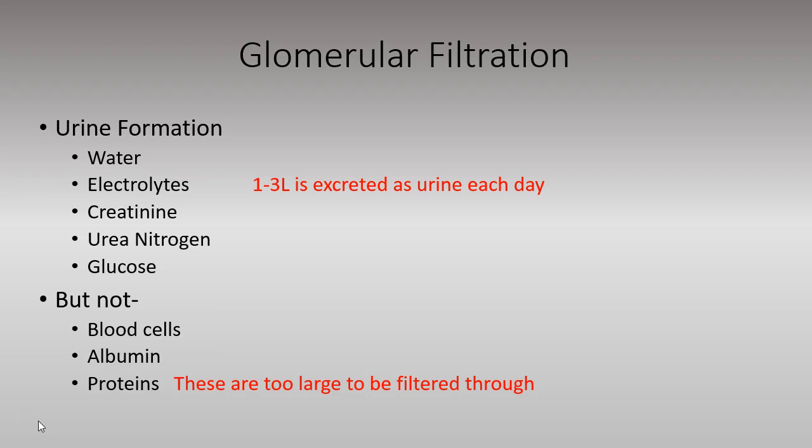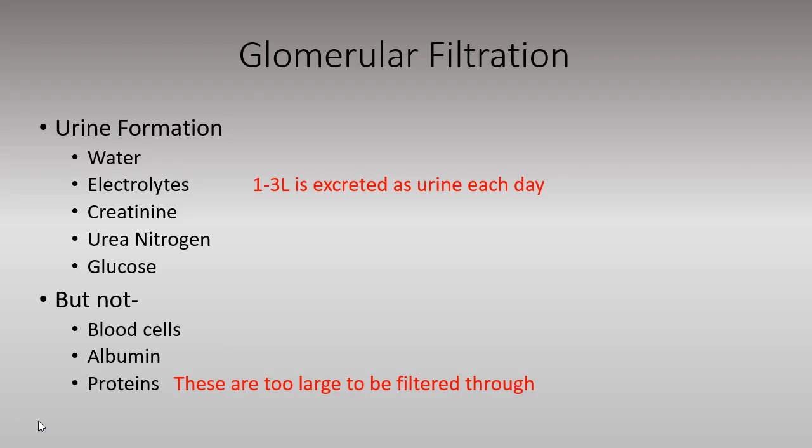For glomerular filtration, it will form urine, which is composed of water, electrolytes, creatinine, urea nitrogen, and glucose. Your kidneys will produce and you will excrete 1 to 3 liters of urine each day, and that's based on being hydrated.